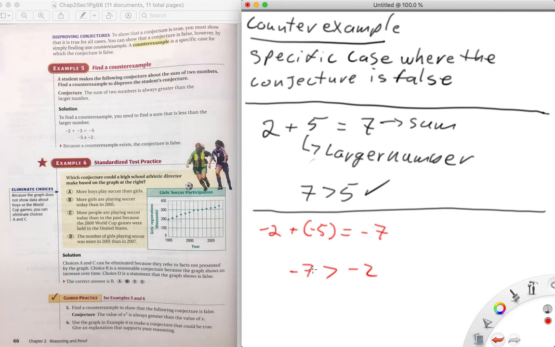And guess what? Negative 7 is not larger than negative 2, so that's false. So we found the counterexample. This would be the counterexample: some statement or some evidence that you can find to prove the conjecture false.